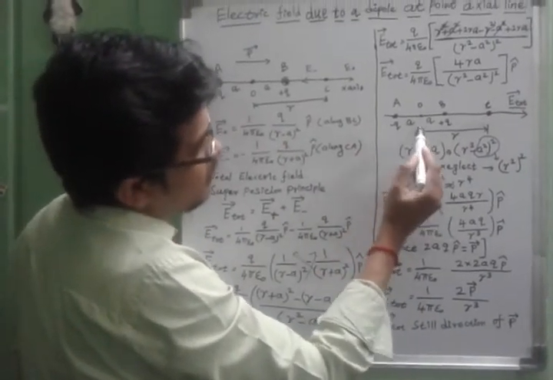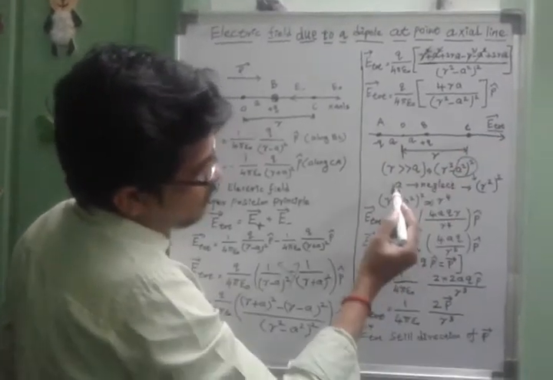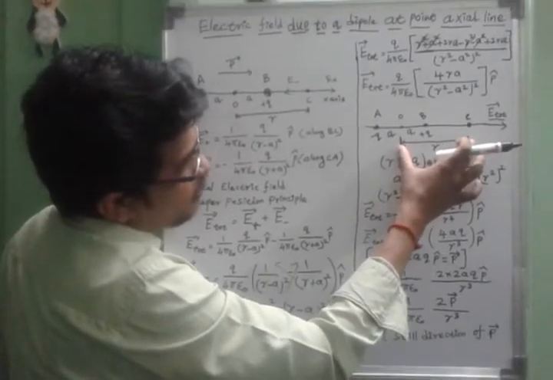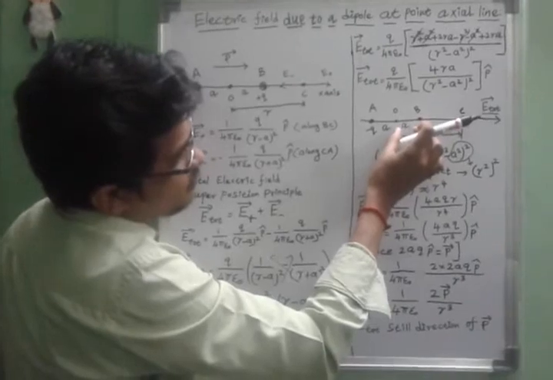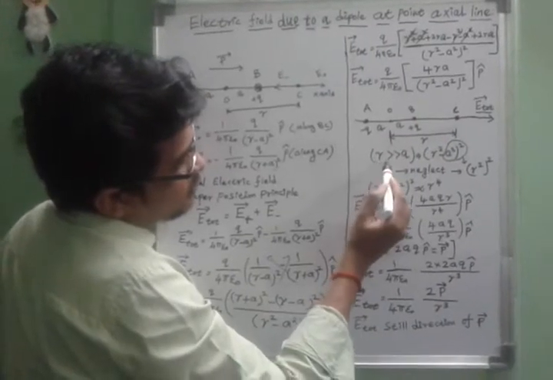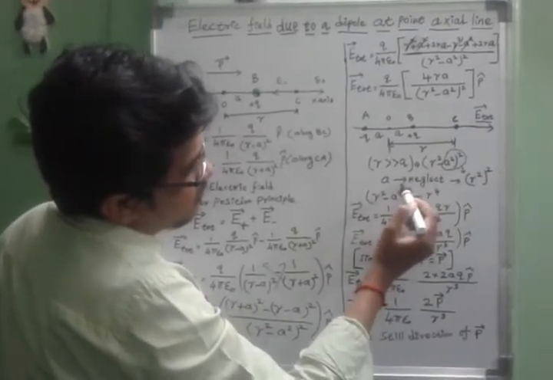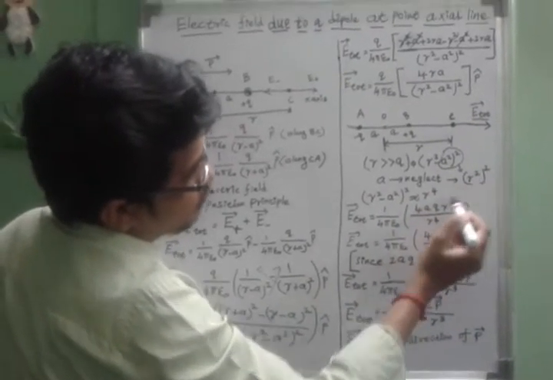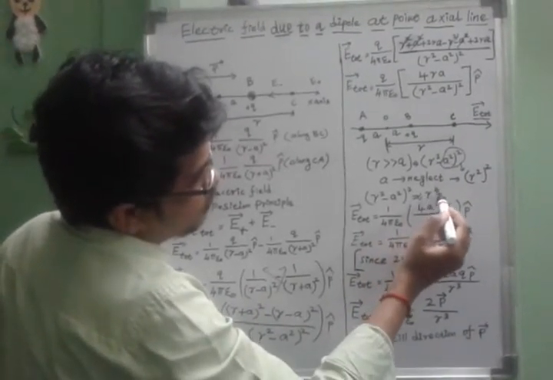The distance r from the midpoint O to the point C is very large compared to the small distance a, so r is much greater than a and a can be neglected. Then (r square minus a square) the whole square is nearly equal to r power 4.